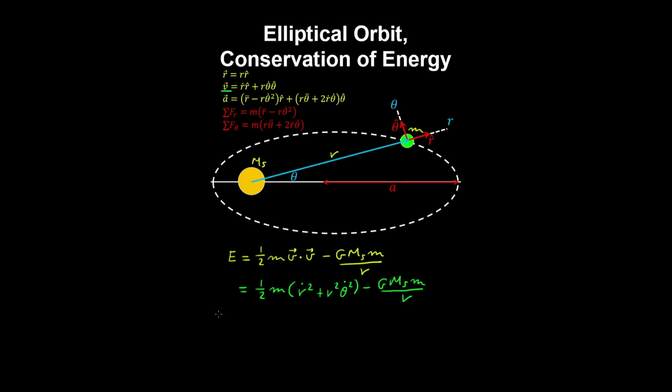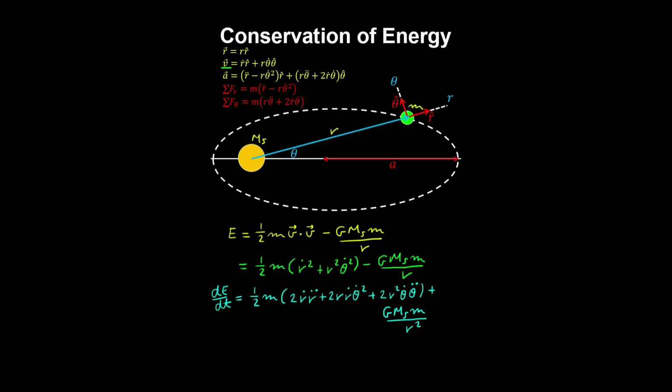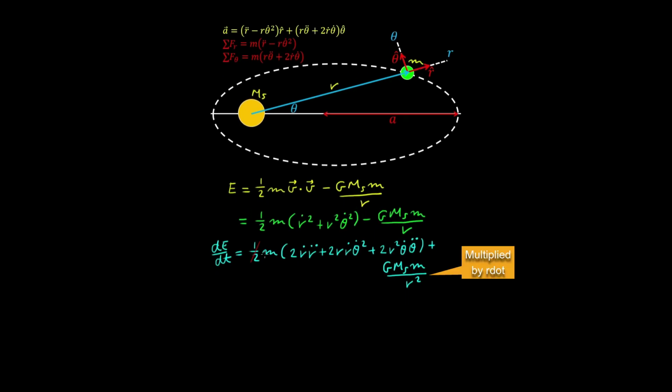And then we can differentiate the energy with respect to time, where you can apply the chain rule and the product rule. And then we can cancel out the 2's, and then group the first two terms together while factoring out the radial velocity.